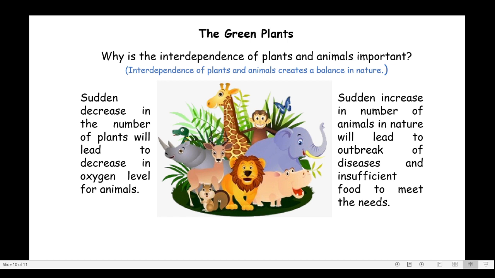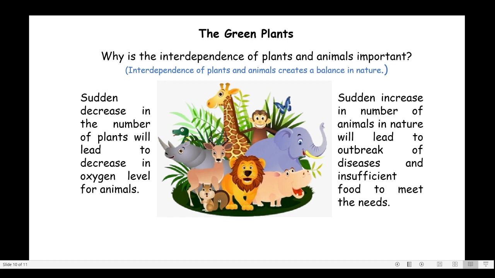Diseases will crop up, and there will not be enough plants to cater to our food requirements, because we are dependent on plants for our food. So if the number of plants decreases, the oxygen level for animals will also decrease, and the food supply will also decrease.